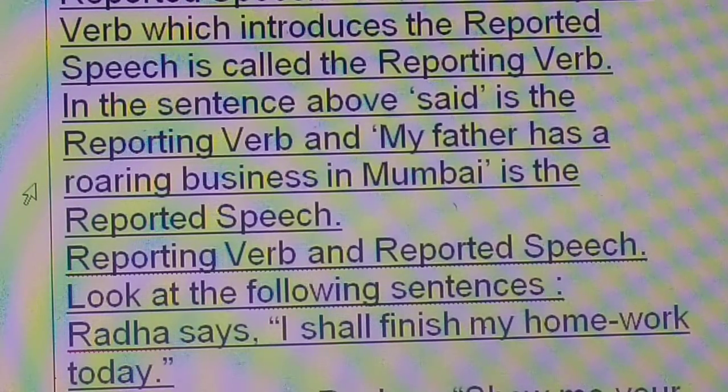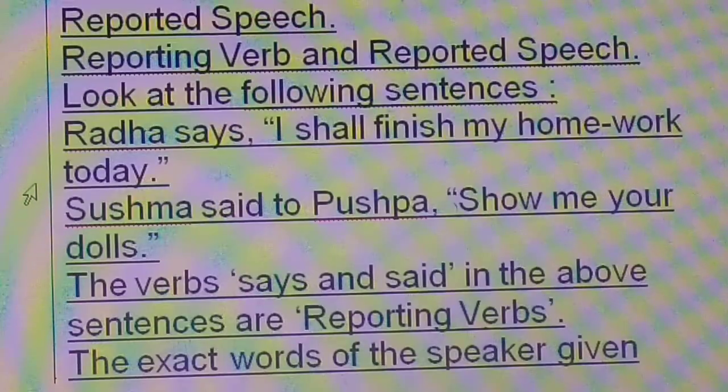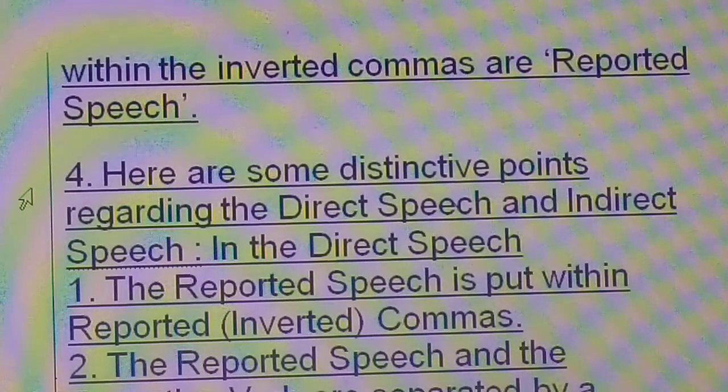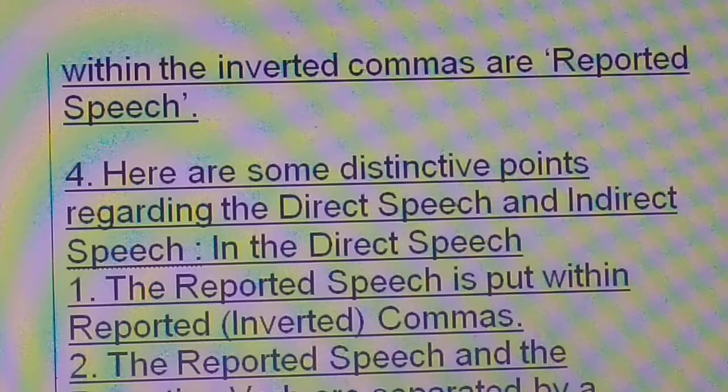Look at the sentences. Radha says, "I shall finish my homework today." Shushma said to Pushpa, "Show me your dolls." The verbs says and said in the above sentences are reporting verbs. The exact words of the speaker given within inverted commas are reported speech.